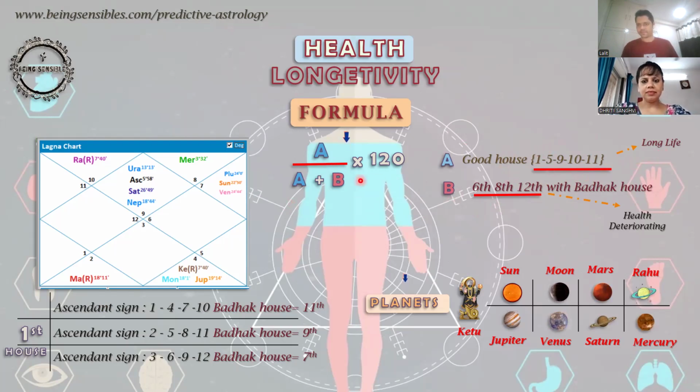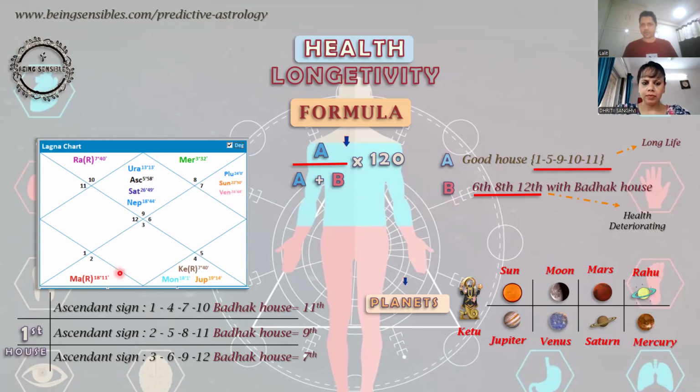This is the formula. I just indicate blue for good houses. This is where we start to understand the formula: how many numbers are indicated by the alphabet A with its blue mark, and B with a red mark, which indicates bad.